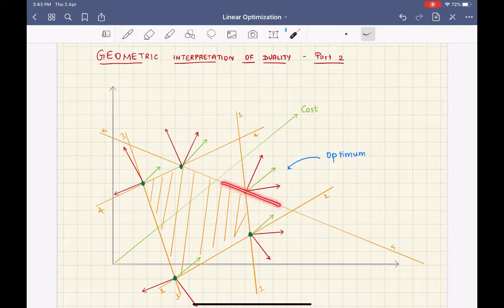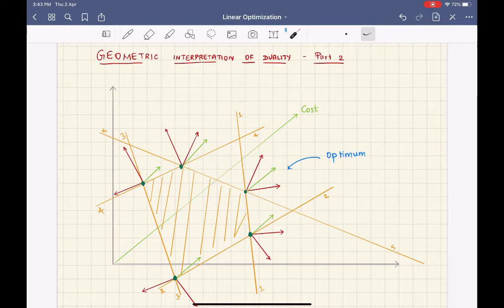This is the hyperplane and this is the outward normal. If this was some 2x1 plus 3x2, then this is the vector (2, 3). Among all the extreme points, we consider the points where the cost is written as a non-negative combination of these outward normals, and that is going to be the optimum. We saw this in the last video.